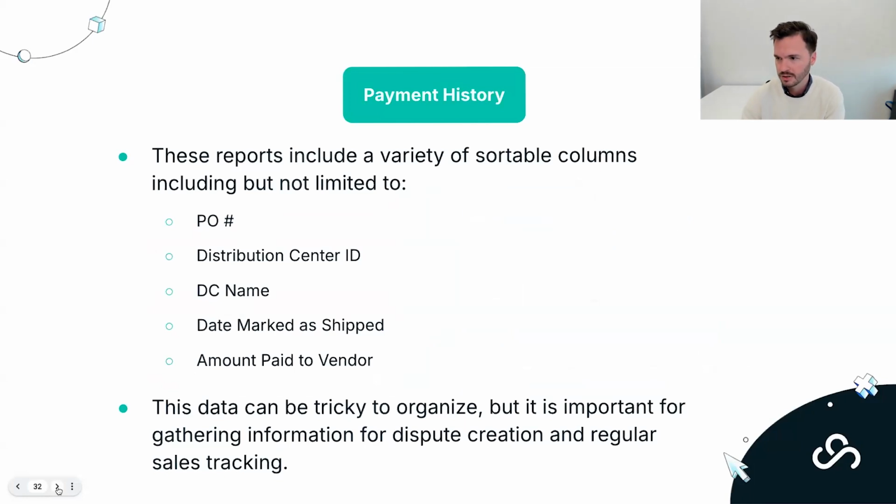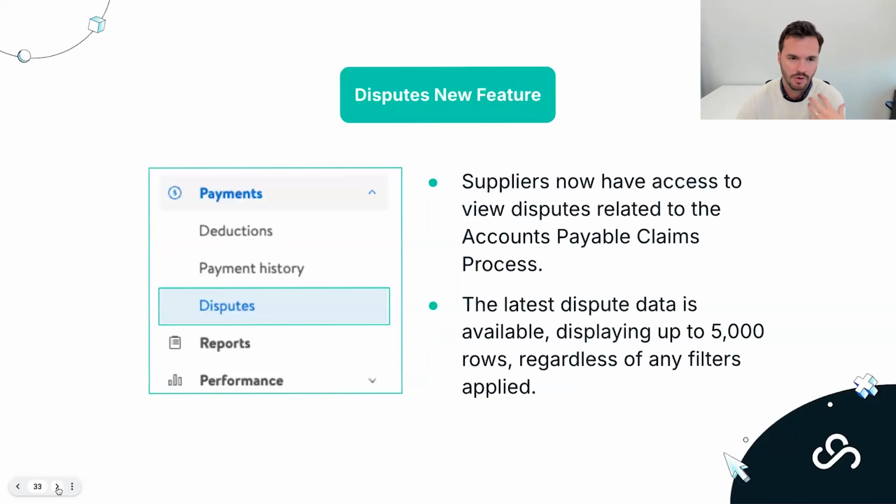These are the sortable columns, and each has its own advantages depending on what kind of insights you're looking for. It's going to be tricky to organize, but these are helpful buckets for talking about how you can generate insights based off of that.